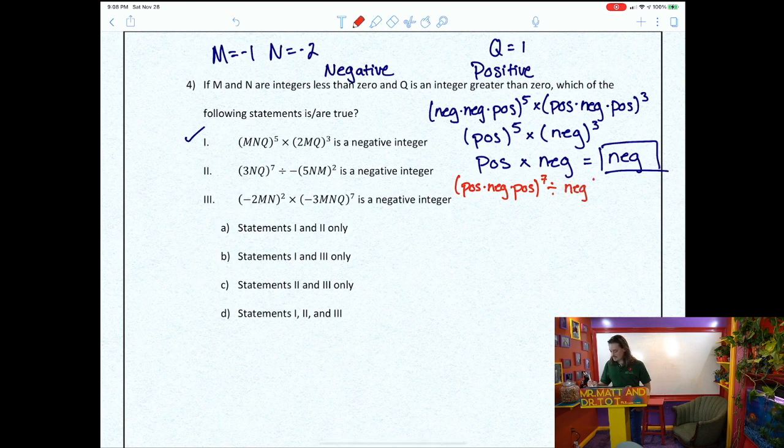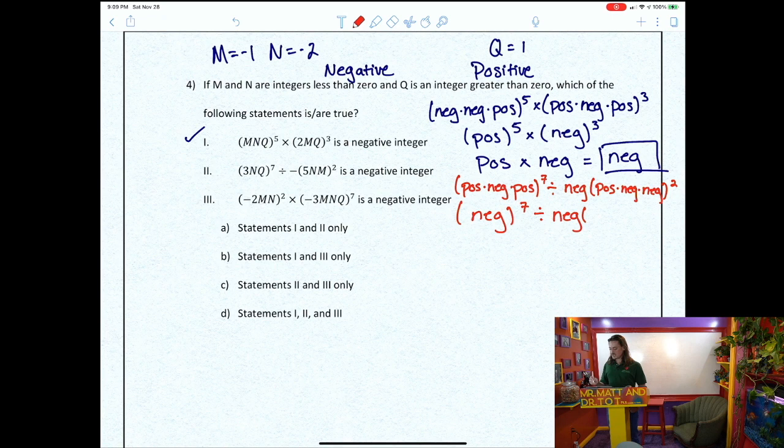And then we have a positive 5, we have a negative n, and we have a negative m, and that's quantity squared. A positive times a positive, there's only one negative value. There's an odd number of negative values in that product string, so it's going to be negative. So we're going to have a negative number raised to the 7th power, divided by the negative I'm going to keep on the outside and just evaluate inside first.